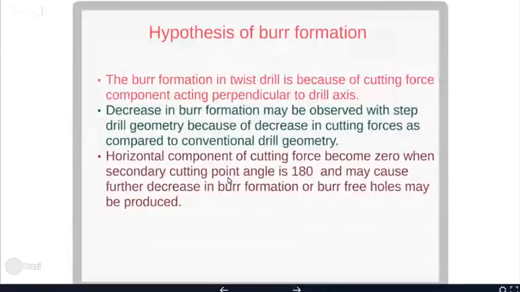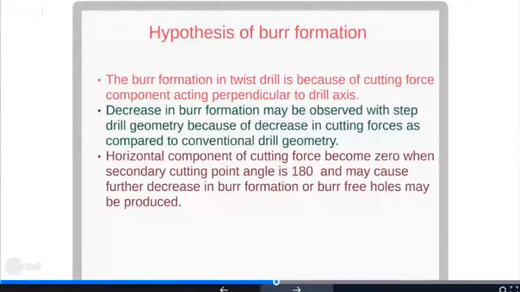So I make one hypothesis for this burr formation. The burr formation in the twist drill is because of the cutting force component acting perpendicular to the drill axis. We already discussed this. A decrease in burr formation may be observed with the step drill point geometry because of a decrease in cutting forces as compared to the conventional drill point geometry.